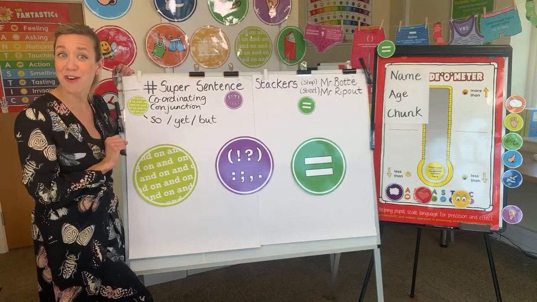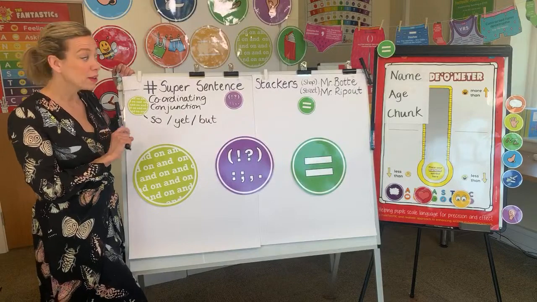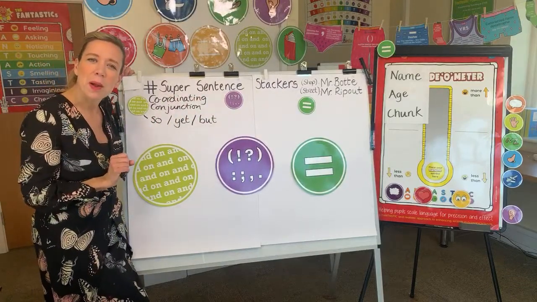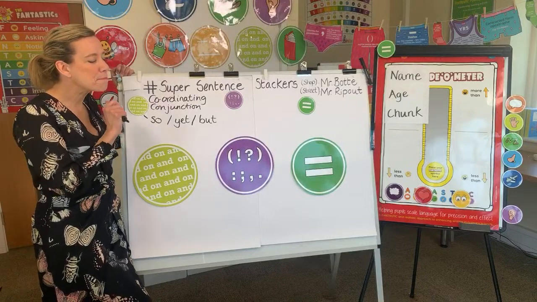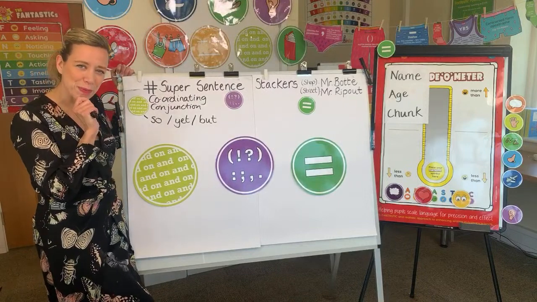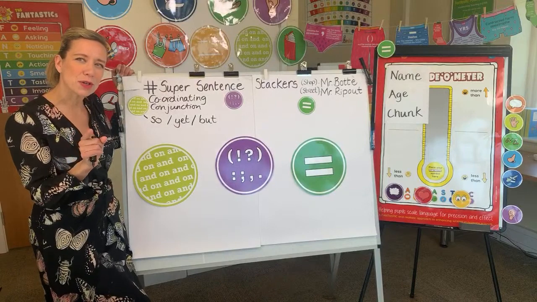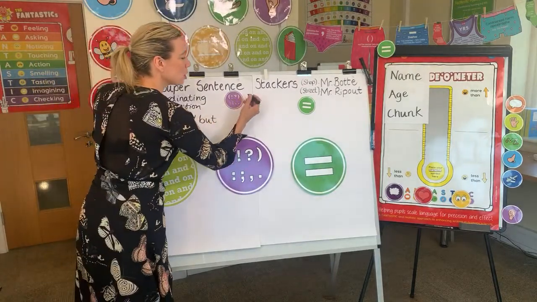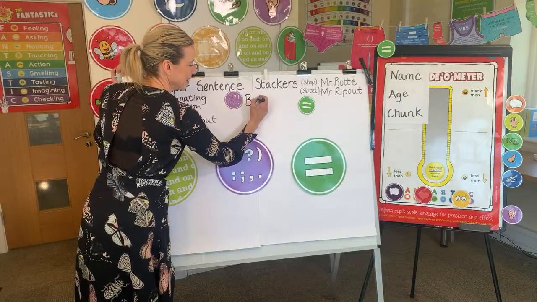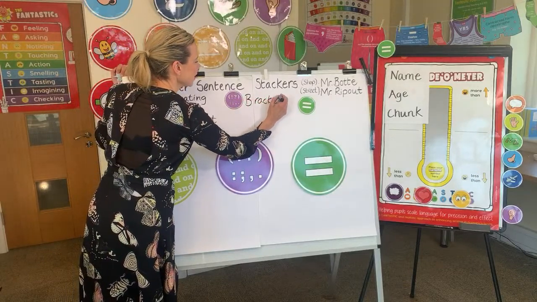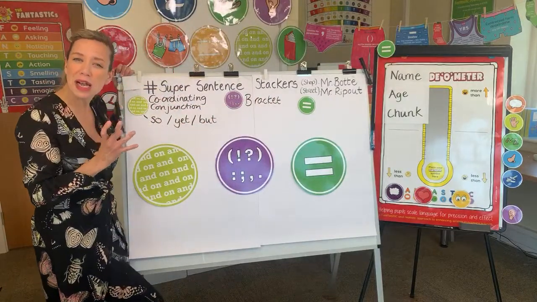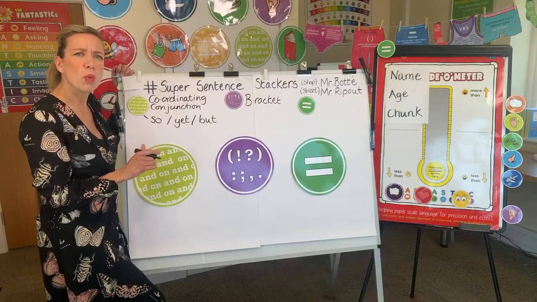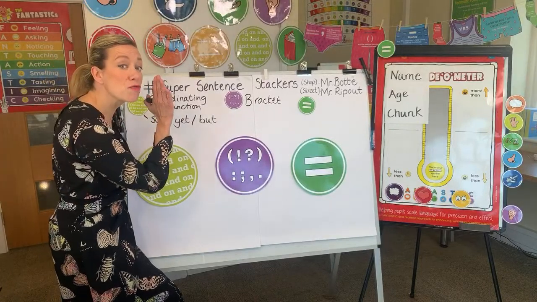That's today's writing challenge. The second writing challenge is about punctuation. And we are going to do something quite tricky. We are going to include a bracket. But this bracket is going to be one of those clever brackets where it's almost like we're whispering to the reader.